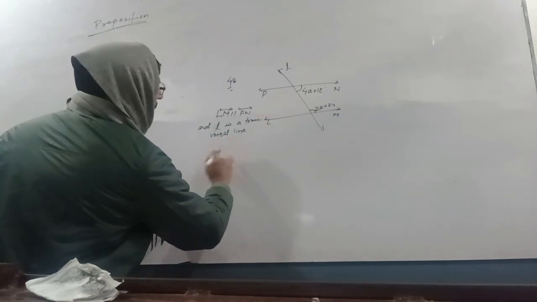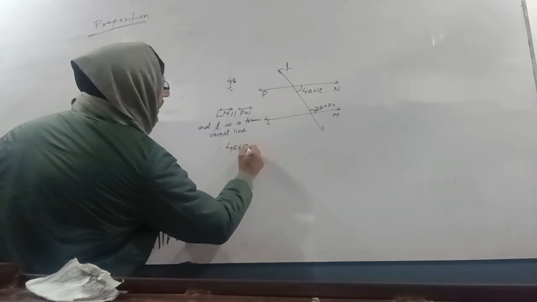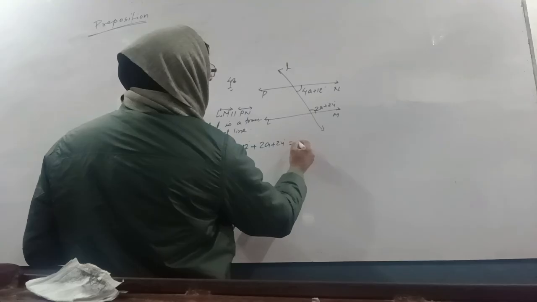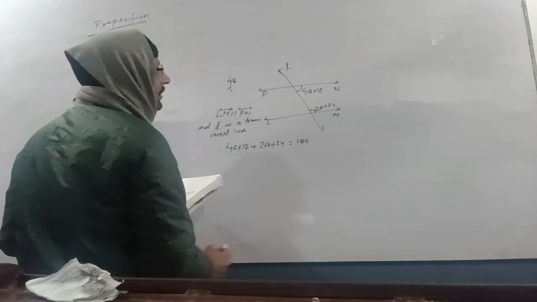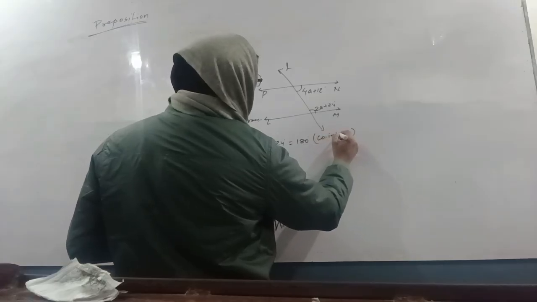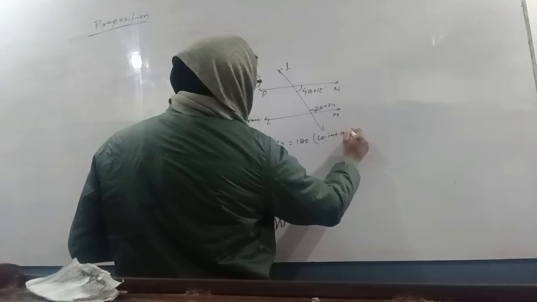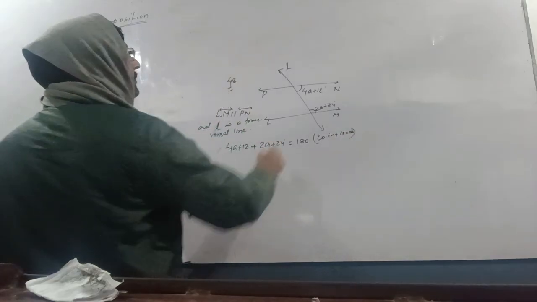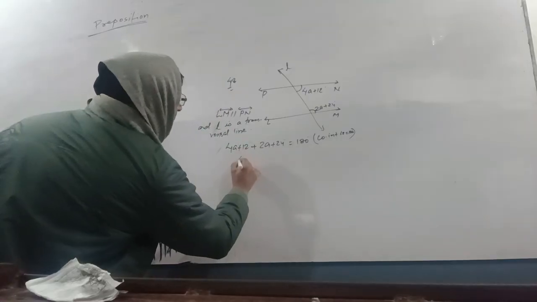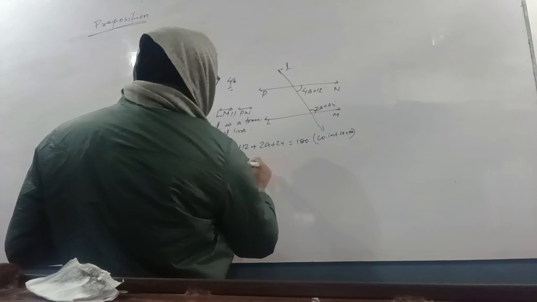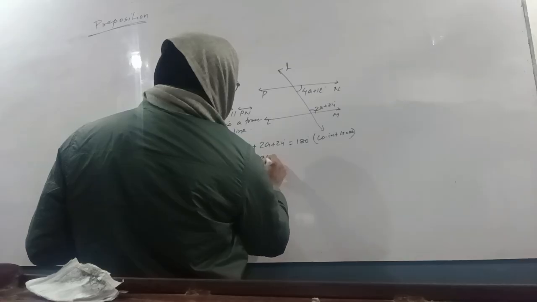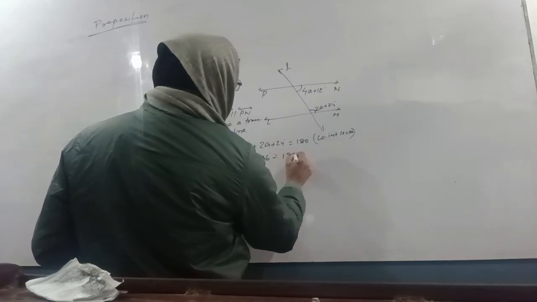4A plus 12 plus 2A plus 24 is equal to 180 degree. Right? The sum of co-interior angles is equal to 180 degree. So 4A plus 2A is 6A, and 12 plus 24 is 36, equal to 180 degree.